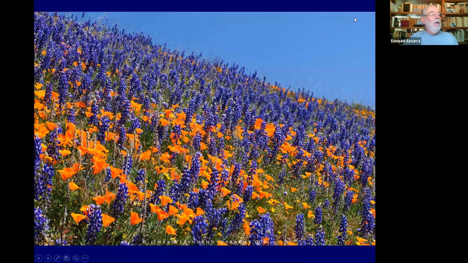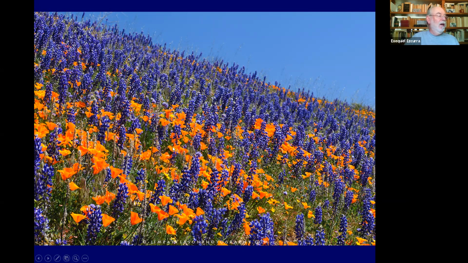We can find an example of this here in our own California ecosystems. This is a photo of one of the hills around Riverside during a spring flower bloom in California. And you can see basically two plants that grow very much the same. They're herbs. They're very soft herbaceous plants that live only for a few months.